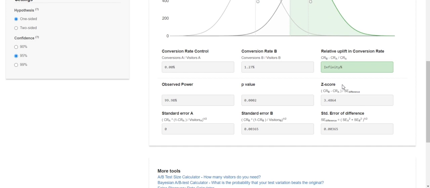The z-score is a very similar concept to the p-value. It gives you an indication of the level of statistical significance. As you can see here, it is calculated from the difference between the observed mean and an imaginary hypothetical mean, which you then divide by the standard error.